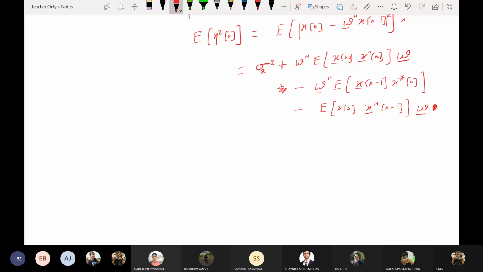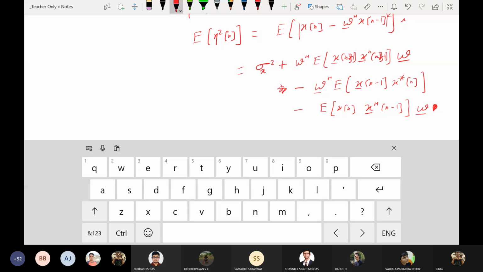For notation purposes we can use this way, but for correctness, it's right but it's questionable. If I write it n minus 1, it's unquestionable.